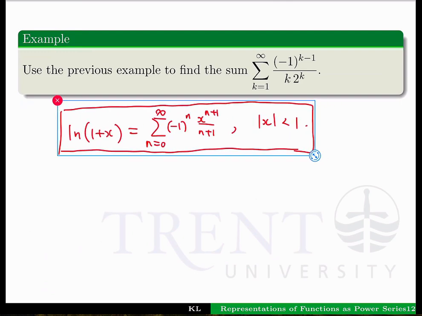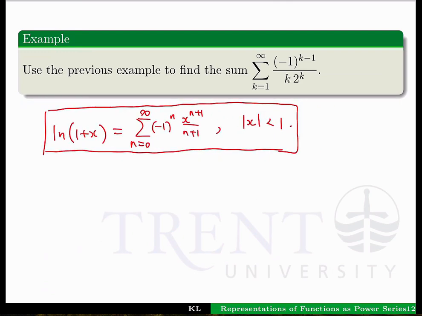Paste. So this is what we have. What do you think we should do in order to get this one? They are almost, well, try to observe this particular thing here. We got a negative 1 with some power k minus 1. We got this negative 1 to the power n.